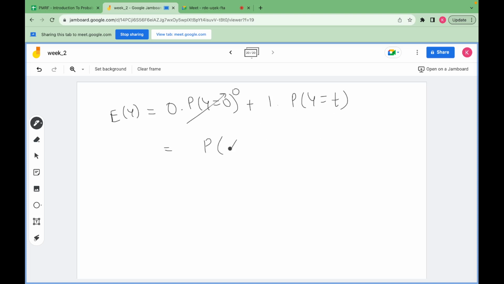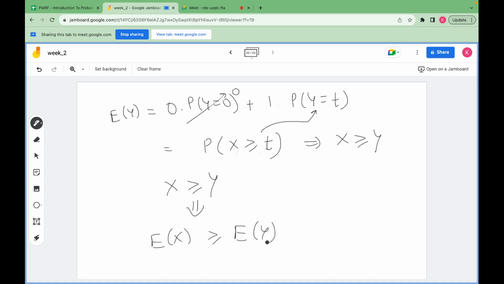This can be written as t times the probability that x is greater than or equal to t. Okay, we know that x is greater than or equal to y. How is that? Because y is equal to t when x is greater than or equal to t, which means that x will be greater than or equal to y. So from this we can say that expectation of x is also greater than or equal to expectation of y, because this is always a positive quantity and this is also a positive quantity. Okay, so expectation of x is greater than or equal to expectation of y.